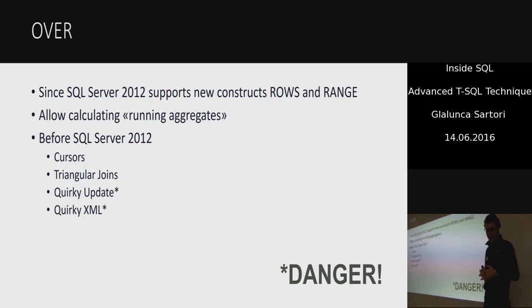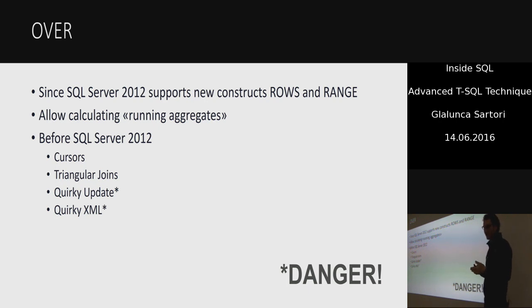Rows and range basically allow calculating many things, but the most important ones are running aggregates, so basically running totals. What does it mean? If I have some numbers from a table, and I want to sum those numbers and take the sum until that point, what I will do is a running total.